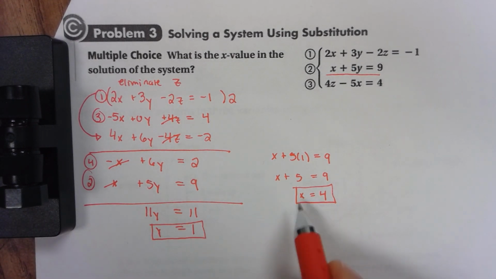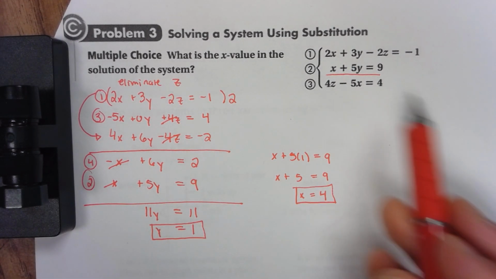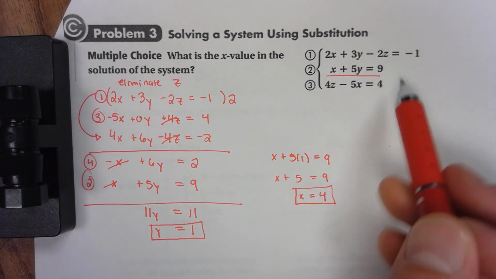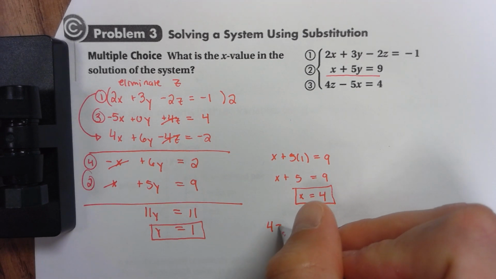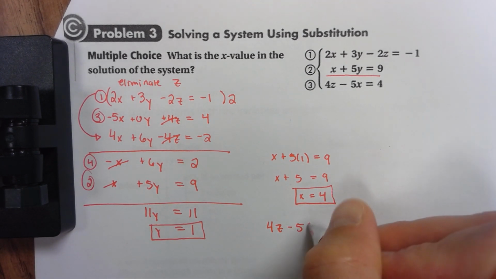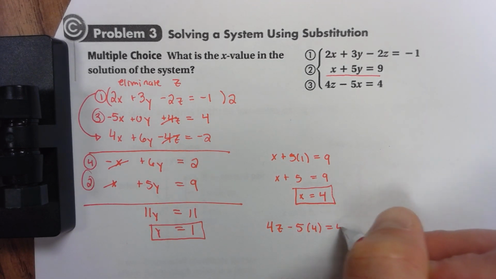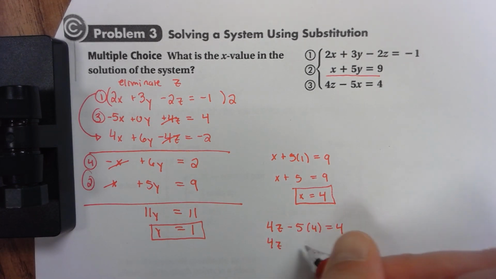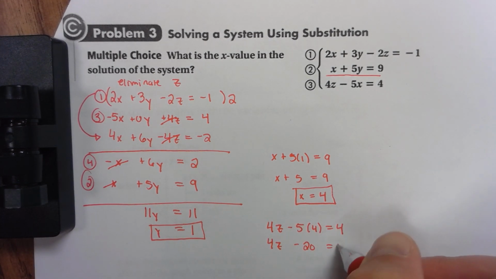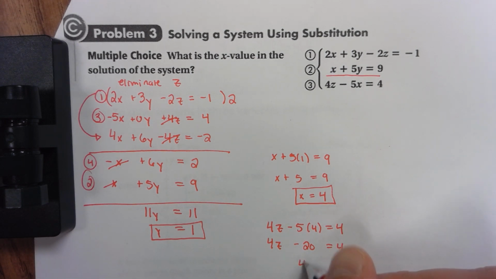Now that we have x and y, we could actually use equation 3 to find z and not have to plug both of them in. I'm going to do that. So I'm going to go 4z minus 5 times 4, and that equals 4. So 4z minus 20 equals 4. 4z equals 24, and thus z equals 6.